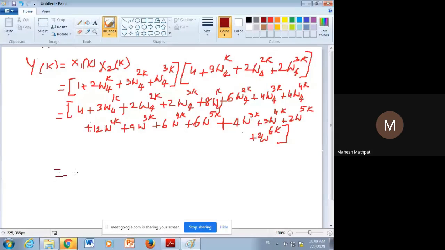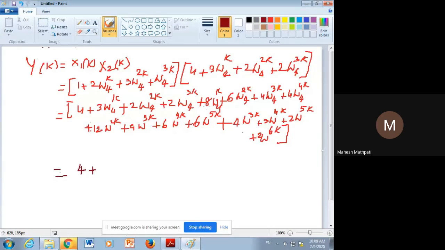What will you write? First it is 4. Okay. Then plus, now multiply the k terms. What are the terms? So this is there. Its coefficient is 3. Then 3 plus 8 is 11.